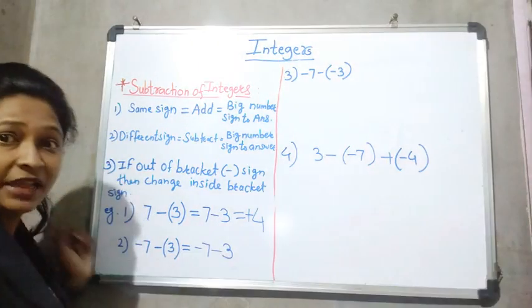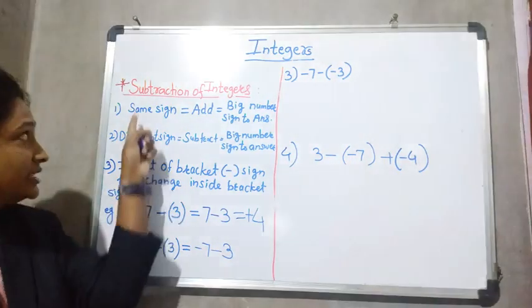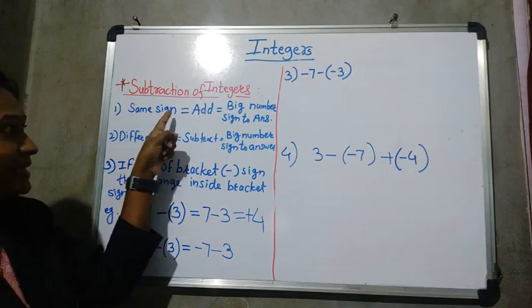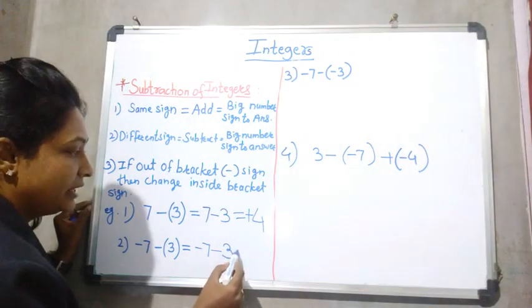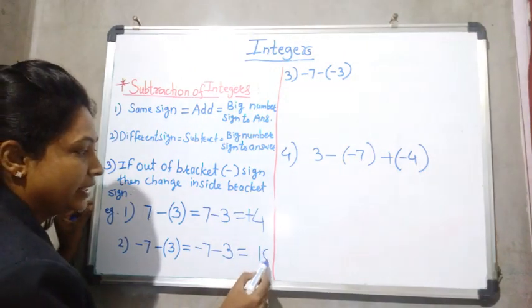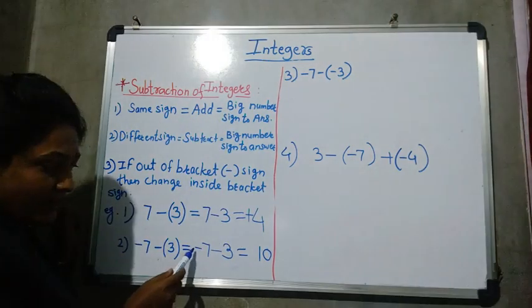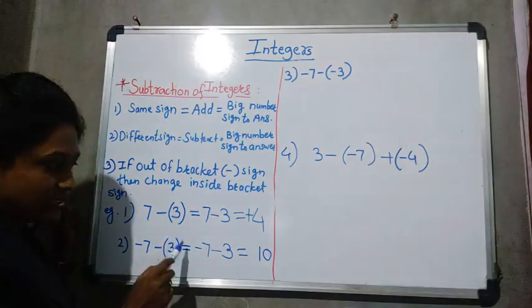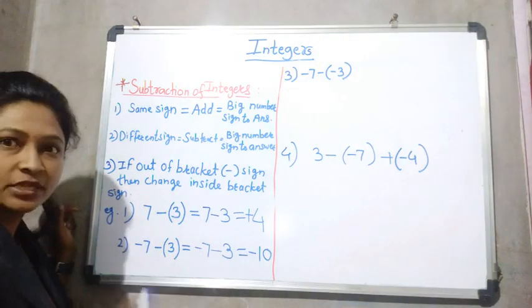Now both numbers have the same sign: 7 is negative and 3 is also negative. Same sign, so what is our rule? We have to add the numbers. 7 plus 3 is 10. And the answer takes the sign of the bigger number. 7 is bigger and has a negative sign, so the answer is negative.